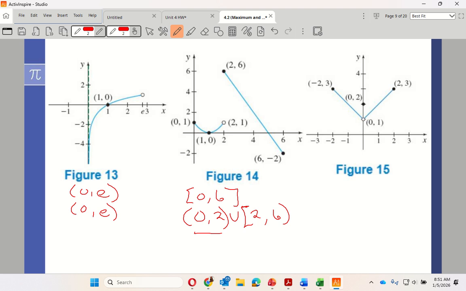Do you want me to double check? I'll double check the notes. Because now you're making me question it. Hopefully I am not making a fool out of myself.